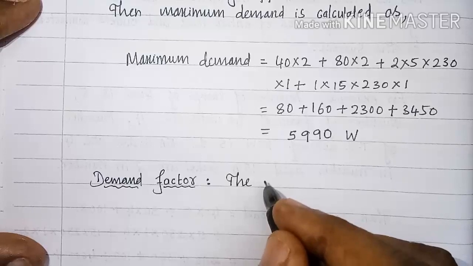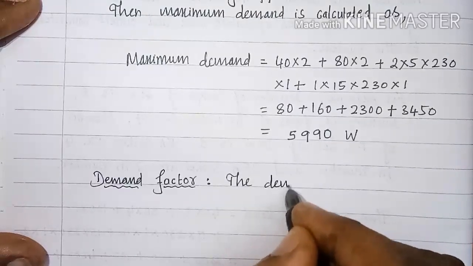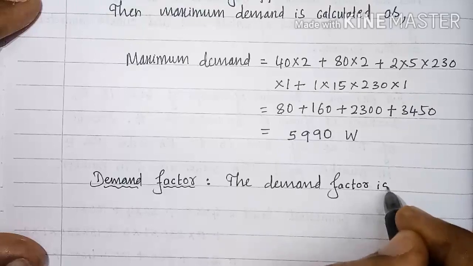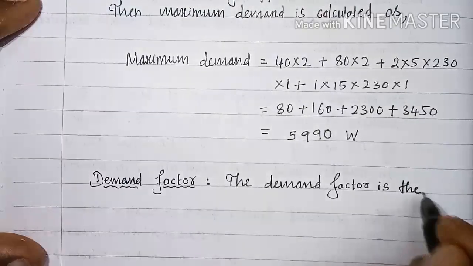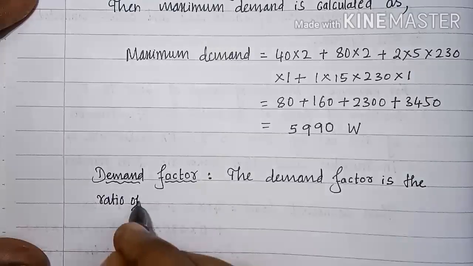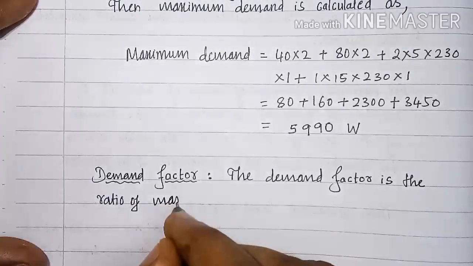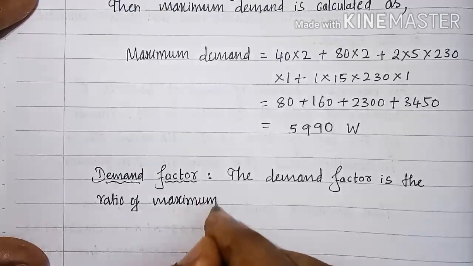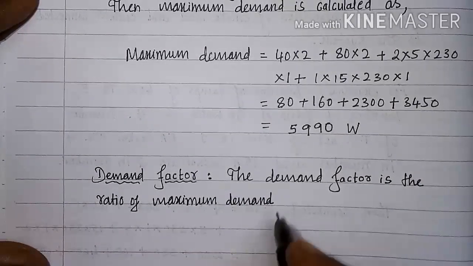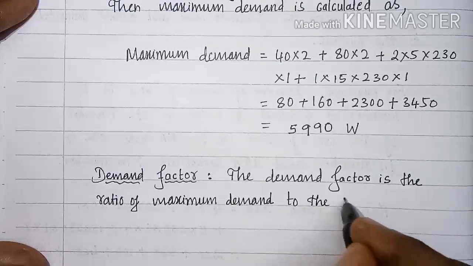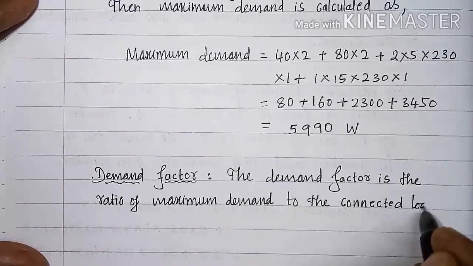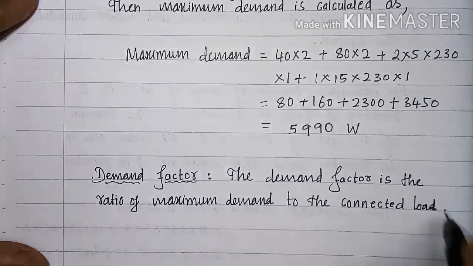So you can define the demand factor as the ratio of maximum demand to the connected load.